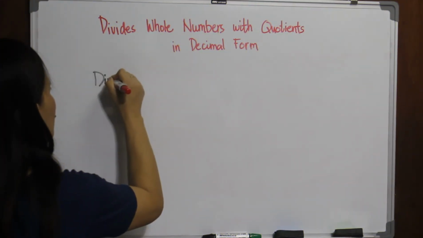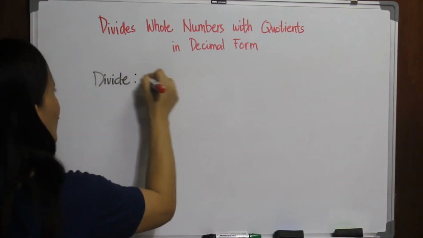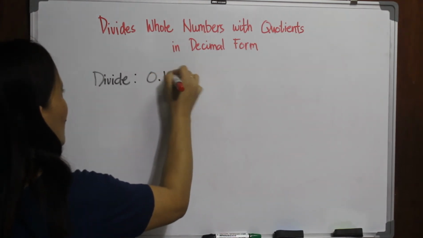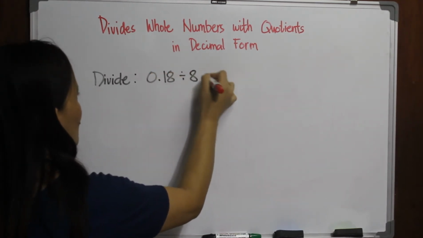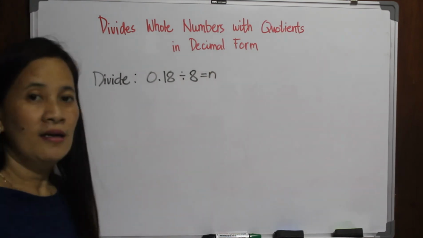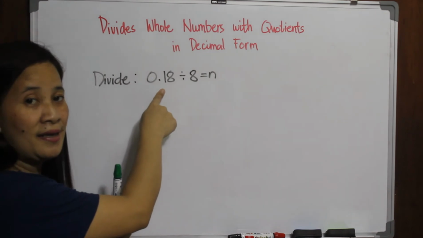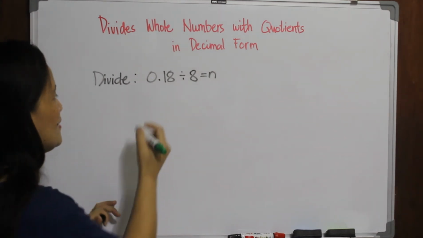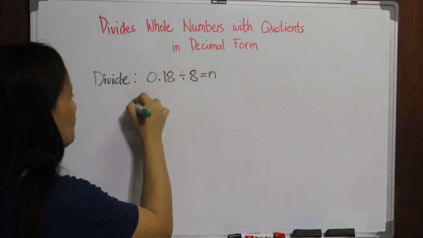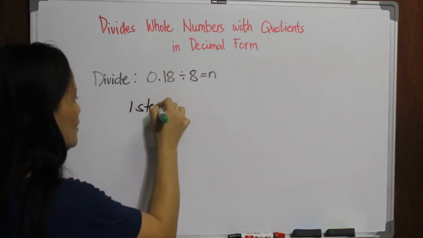Example, we have given, divide 1800s by 8/10 equals n. So, we have to multiply our dividend by 10. So, we have first step, or step 1.